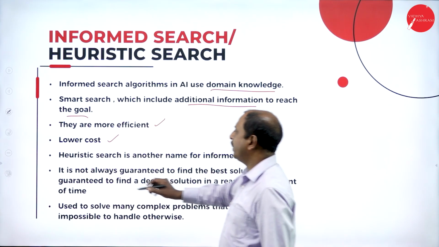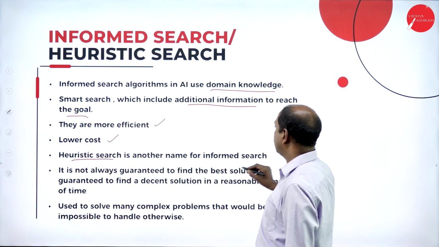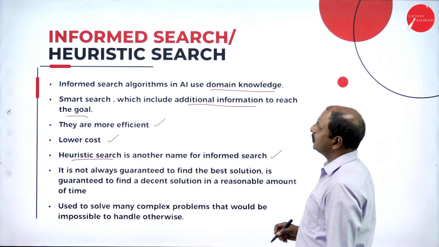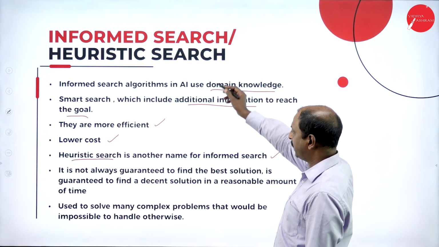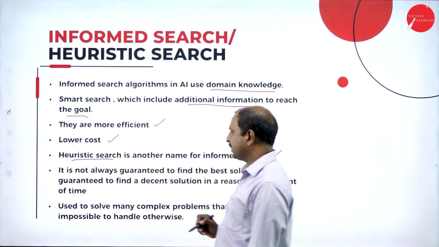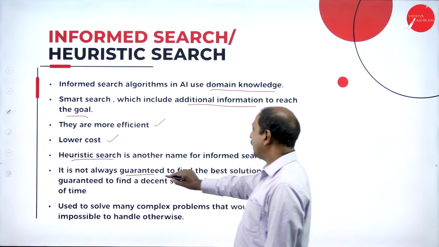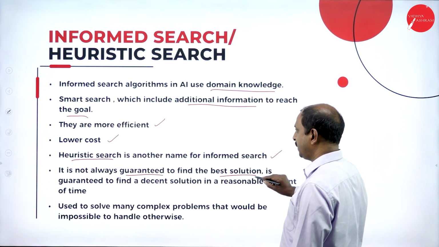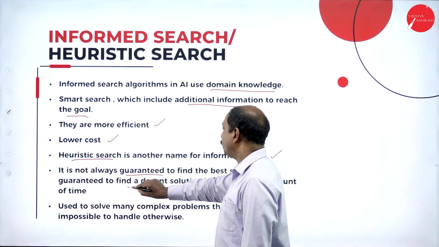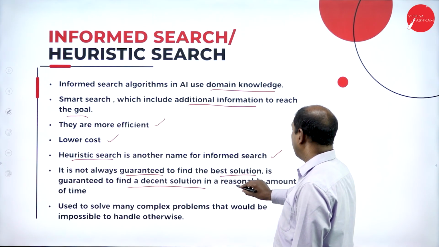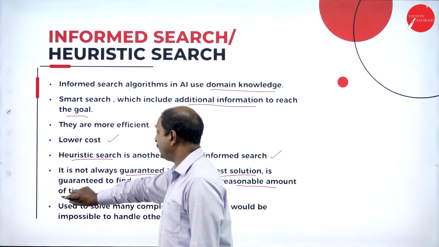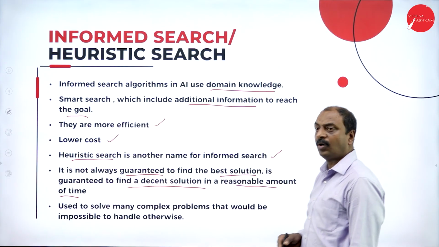Heuristic search is another name for this search. So another name for informed search is heuristic search. Next point is, it is not always guaranteed to find the best solution, but it is guaranteed to find a decent solution in a reasonable amount of time. That is what we are talking about: time complexity.